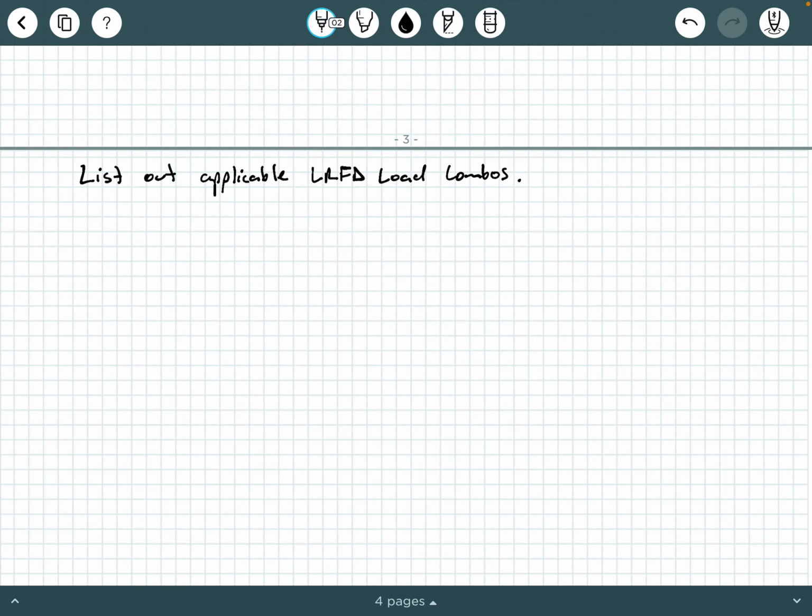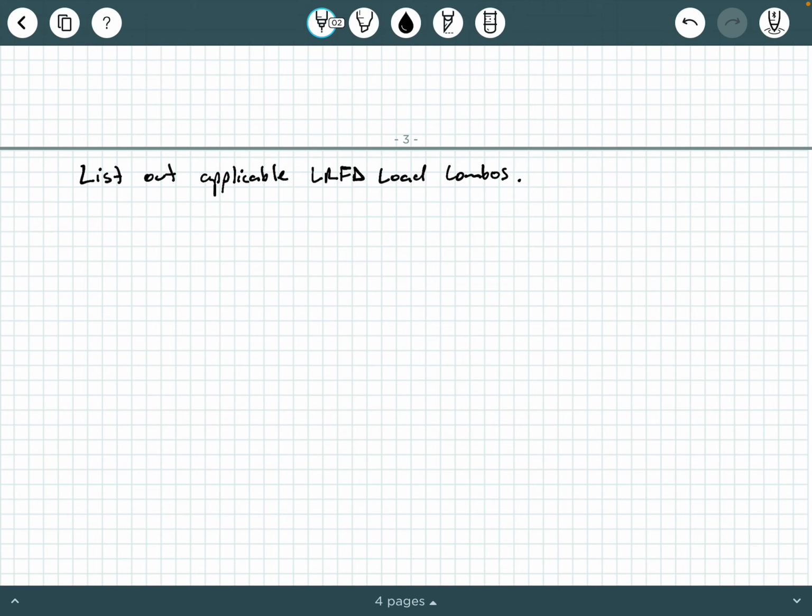These LRFD load combos are listed in a few different sources. You may be using IBC, International Building Code, ASCE 7, or some other source that has the LRFD load combinations listed out. If you're looking at all of the LRFD load combinations in one of these sources, you can pretty quickly dwindle down that some of them are not going to govern. But let's go ahead and list out the ones we think could govern.